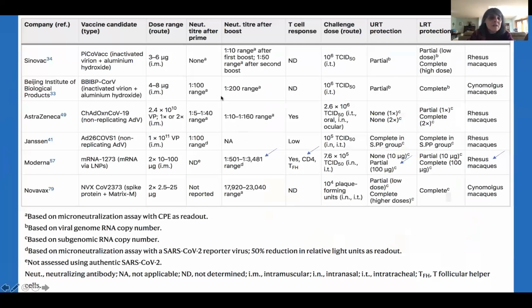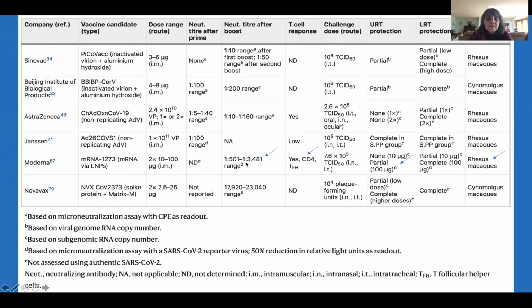So now this busy table, I meant to break it down and then I forgot to. I'm gonna have you focus just on this line. These are the data for the Moderna vaccine. I just want you to know that all of their preclinical tests were done in rhesus macaques. And in these macaques, they were able to look at various dose ranges.